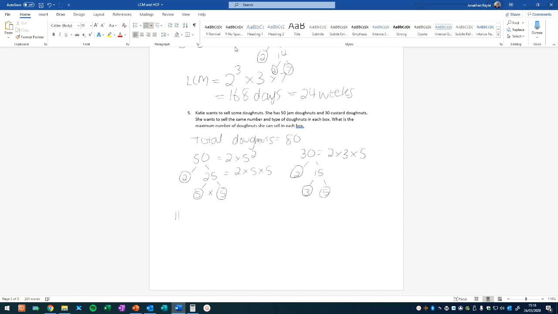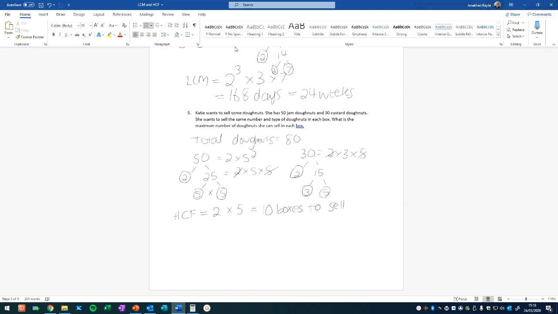So HCF will give us the number of boxes that she can sell. So if she wants to have the same number and type of donuts in each box, if we look what they have in common, there's a 2 in both, and there's a 5 in both, so it's 2 times 5, which equals 10 boxes to sell.